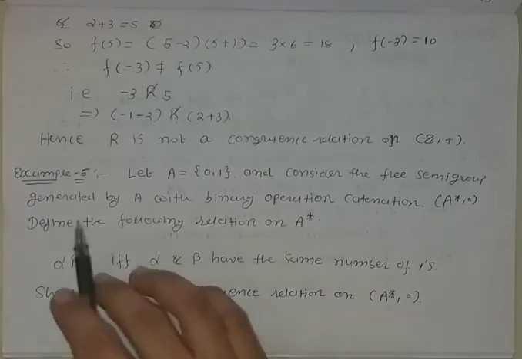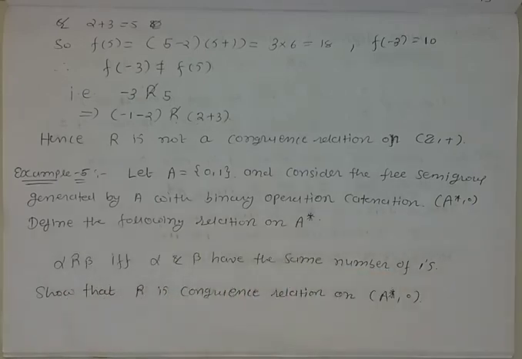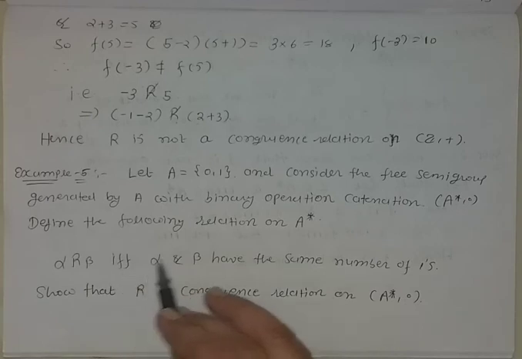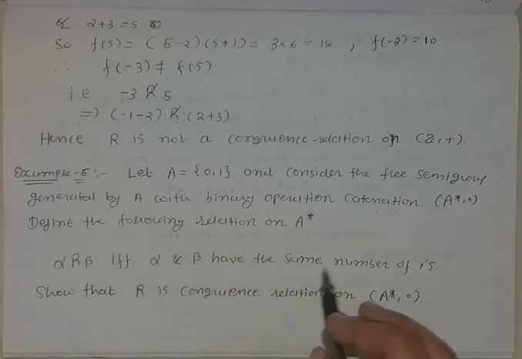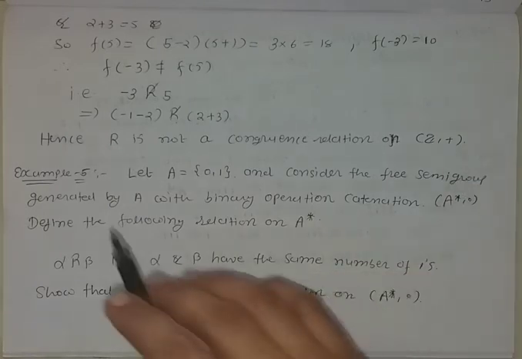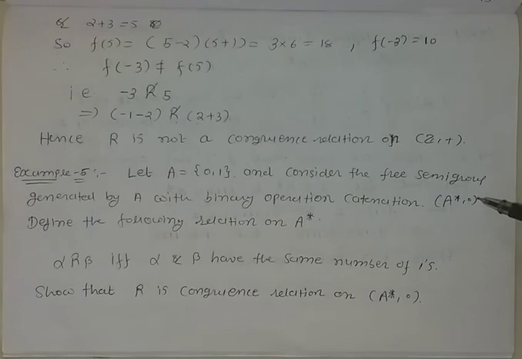Now define the following relation on A star. Alpha is related with beta if and only if alpha and beta have the same number of ones. Okay, what is A star? A star is the free semigroup generated by A with binary operation catenation.